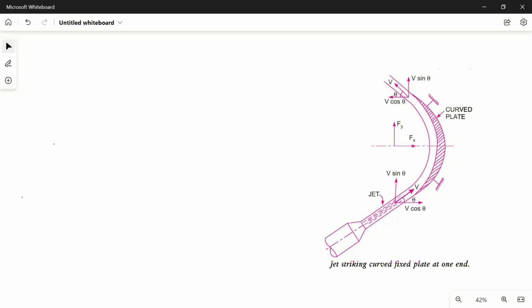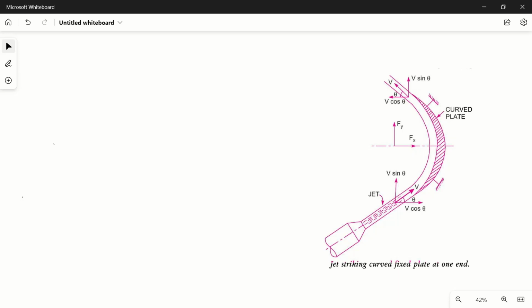In this video, we will try to find out the force exerted by this jet, which is striking tangentially this symmetrical plate, and this jet is making an angle theta from the horizontal. And we are assuming that this plate is smooth, or there is no friction loss along this plate.